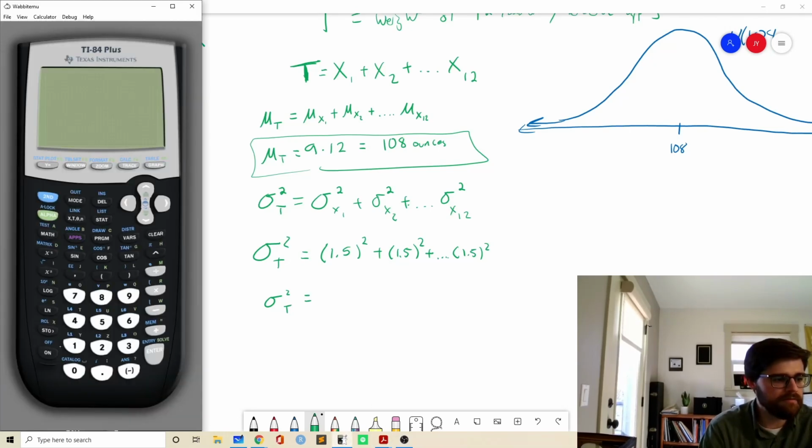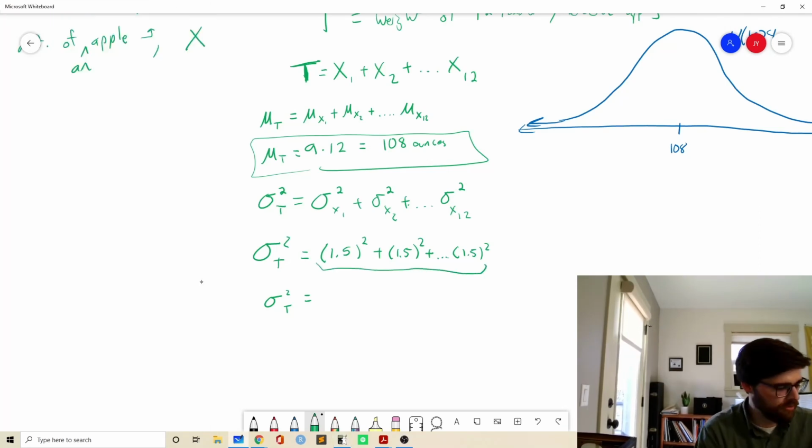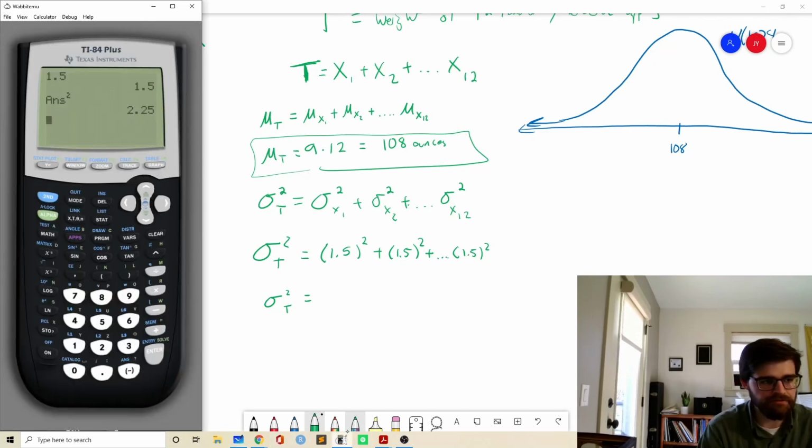Okay, so 1.5 squared is 2.25, and then we need 12 of those, right? We got 2.25 added together 12 times. So in other words, we can just multiply.